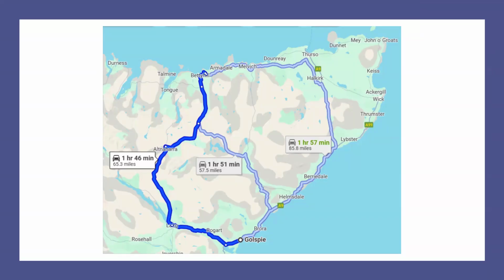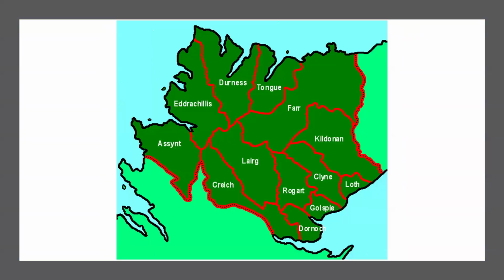But it's not quite as bad as it seems, because if you look here, you see the parish of Farr comes way down here, and Golspie actually goes up a little more than this looks like. So they're not too far apart at this end.